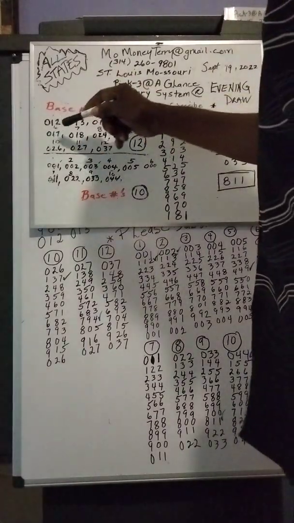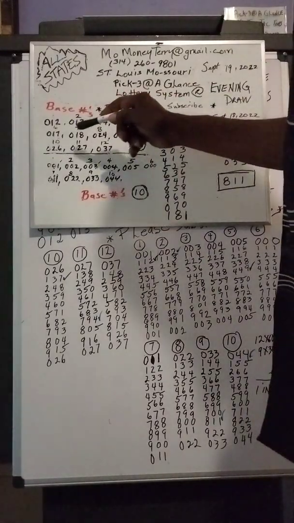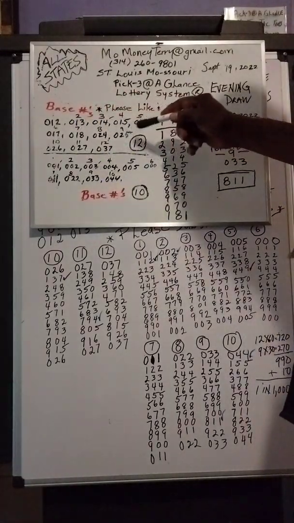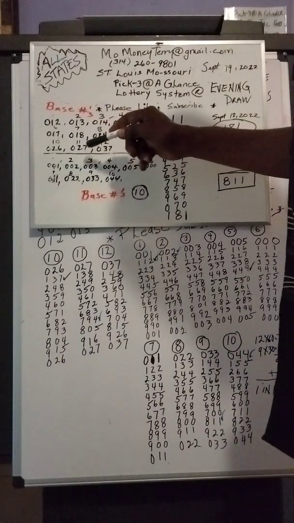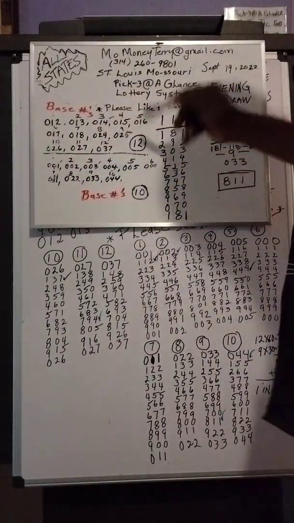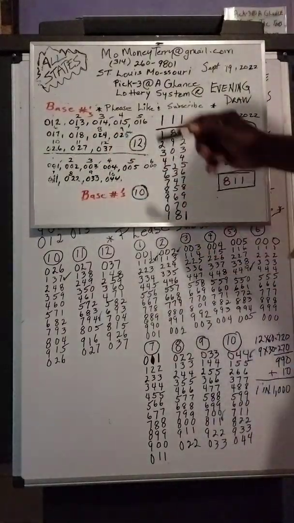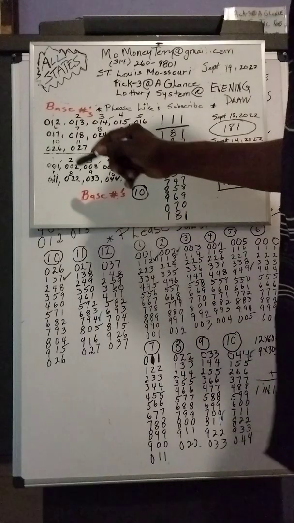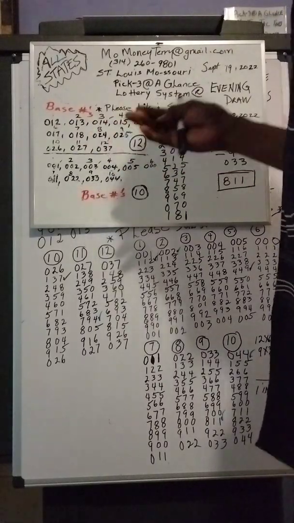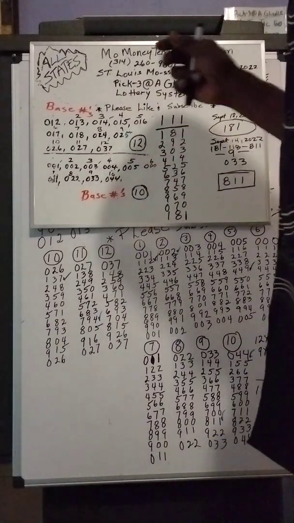So you have 0, 1, 2, 0, 1, 3, 0, 1, 4, 0, 1, 5, 0, 1, 6, 0, 1, 7, 0, 1, 8, 0, 2, 4, 0, 2, 5, 0, 2, 6, 0, 2, 7, 0, 3, 7. That's 12 numbers that you do the 1-1 rundown on. And then you have doubles, and the doubles can only come three different ways, through the law of average and rotation.